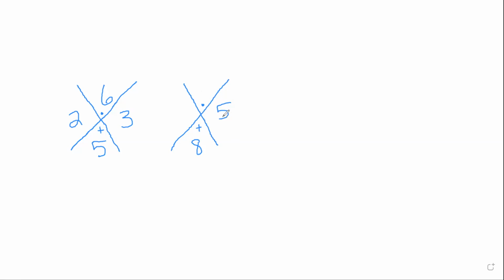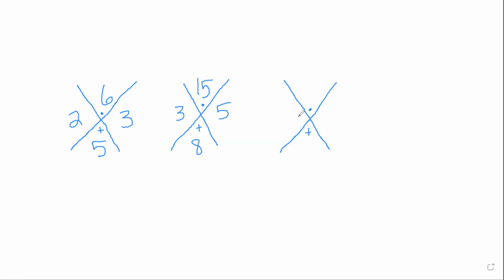They say, well, 5 plus what is 8? Oh, it's 3. And then 5 times 3 is 15. And they're like, oh, this is so easy. I'm tricking them. I'm trying to make them see that this is really easy and they're buying into it. So now we're going to make this harder.